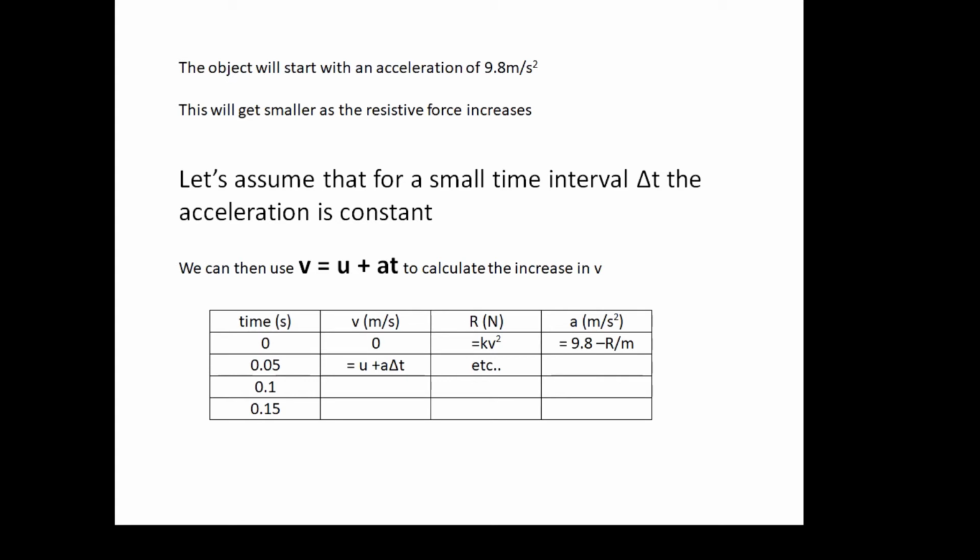And then for each small time interval, for each increment, we can then work out the velocity. Our initial value, of course, is 0. We can work out the resistive forces using kv squared, and we can work out the acceleration using 9.8 minus r over m. And then these values can be carried forward into the next row, and we can do it again and again and again.